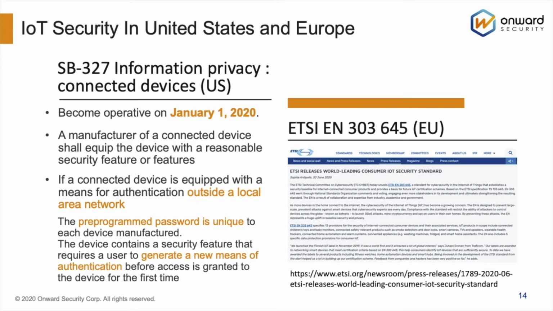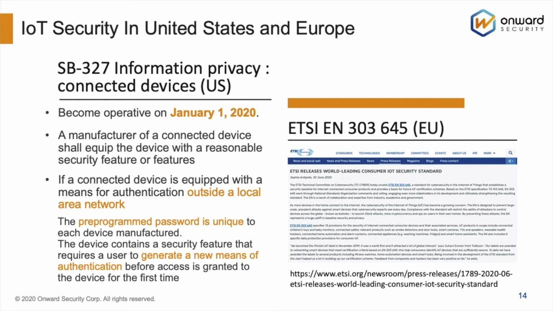Okay, in the United States, I think SB 327 is quite famous in 2020 because it took effect this January 1st, and all manufacturers of connected devices have to equip reasonable security features on their devices.